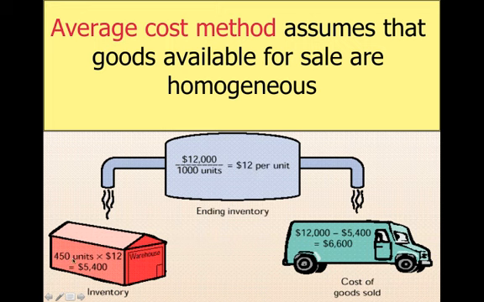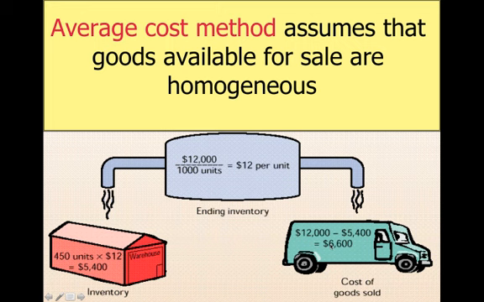If we had 450 units left, we would multiply that by 12 to get our ending inventory, in this case, 5,400. And of course, we would also apply that $12 to what we sold. It's not saying how much we sold here, but we can calculate how many units we sold.